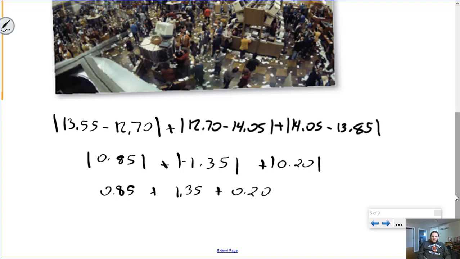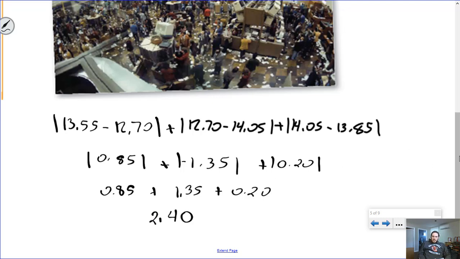So what this is saying is in each interval the stock changed by 85 cents and then $1.35 and then 20 cents. So altogether over the course of the month, if we add these three numbers up, it will tell us how volatile the stock was because it'll tell us how much it changed. 0.85 plus 1.35 is 2.20, and then plus another 0.20 is 2.40.